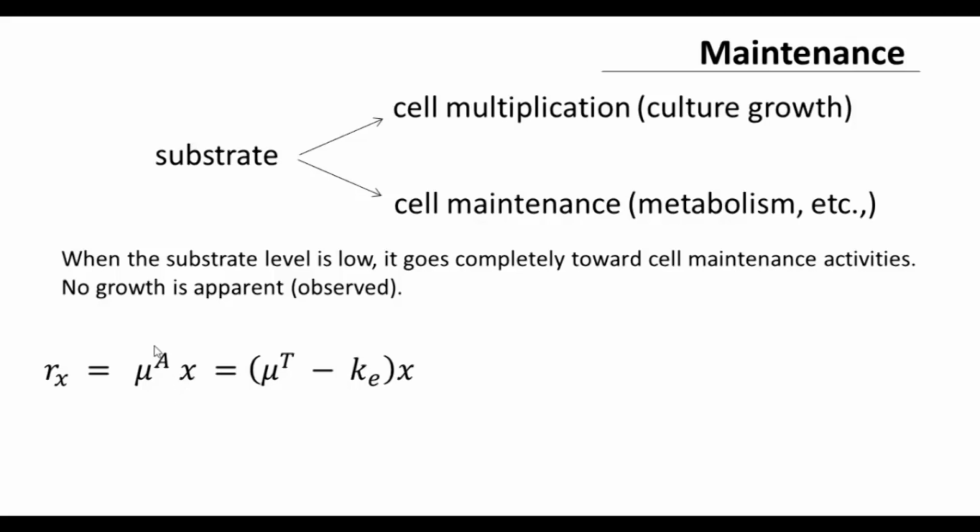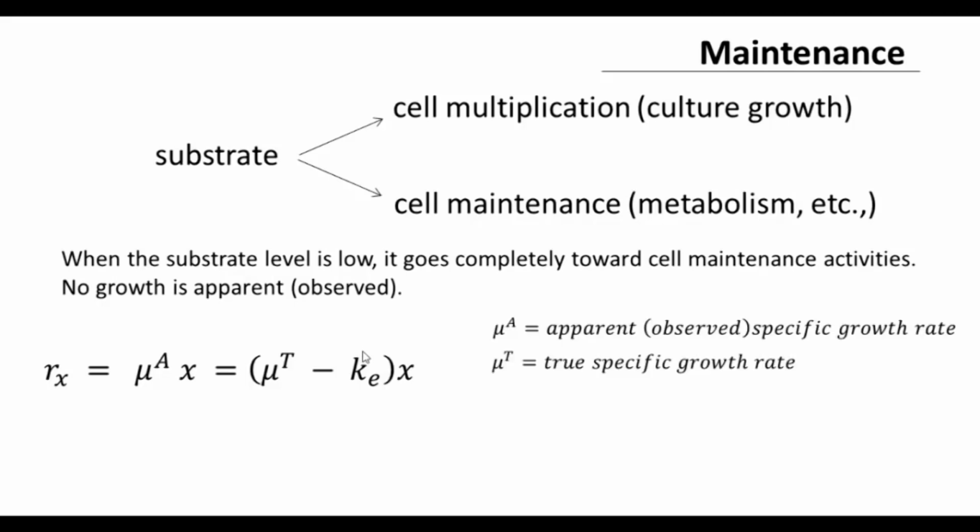This apparent specific growth rate can be defined as the difference between the true specific growth rate, which is obtained when all the substrate goes towards cell multiplication alone, and an endogenous metabolism constant. Mu a is the apparent or observed specific growth rate, mu t is the true specific growth rate, and ke is the endogenous metabolism constant. So mu a equals mu t minus ke.